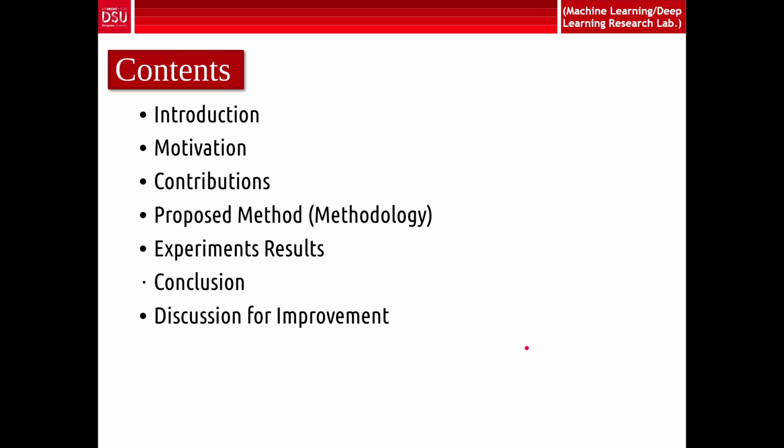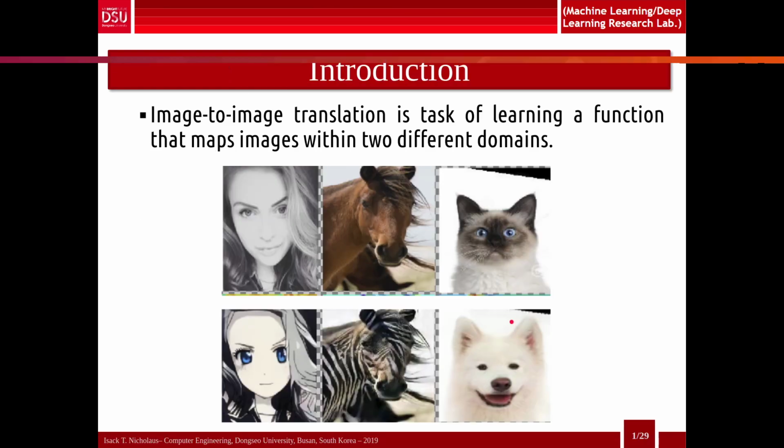And the following is today's content, which we will go through by starting with the definition of image-to-image translation. Image-to-image translation is a task of learning a function that maps images within the two domains.